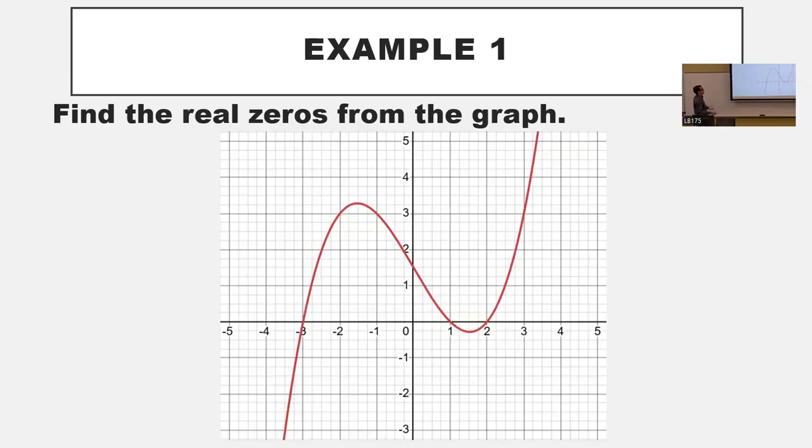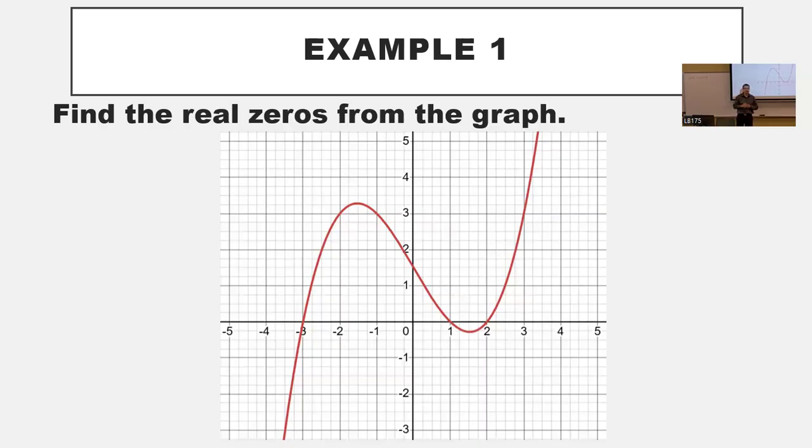So if you were given a graph of a polynomial function and you were asked to find the real zeros, all we have to do is look for the x-intercepts. Like on this example, the real zeros are when x is negative 3, when x is positive 1, and when x is positive 2. That's where this graph crosses the x-axis.